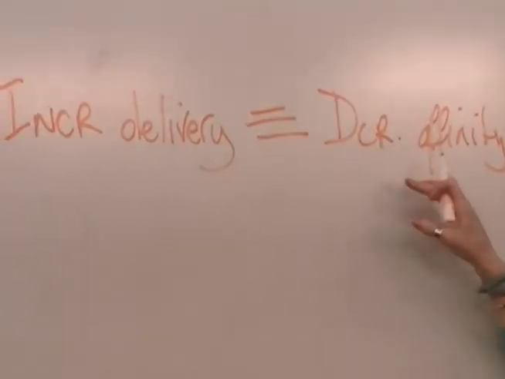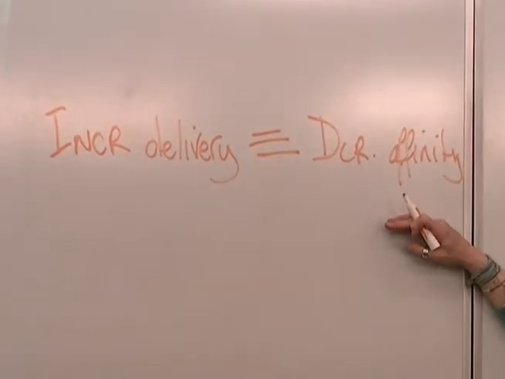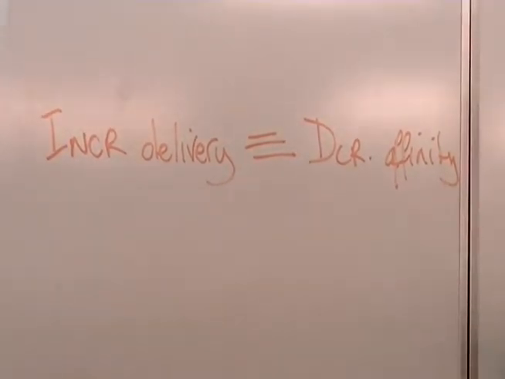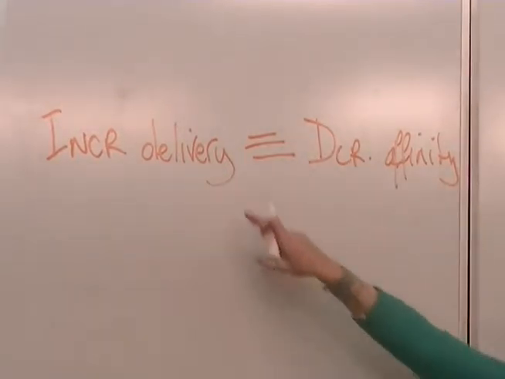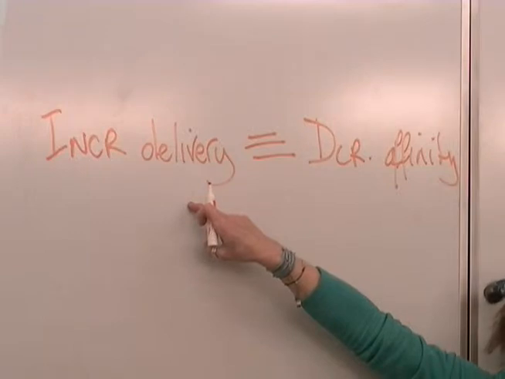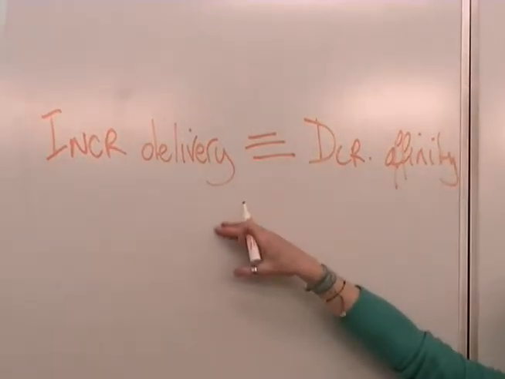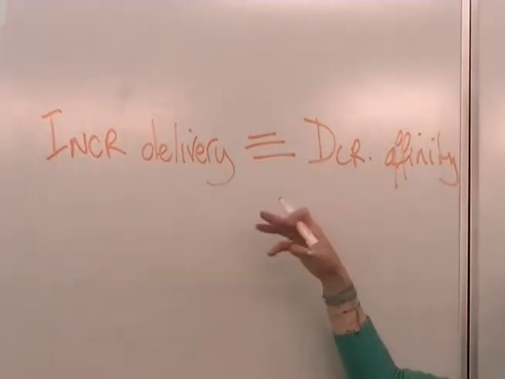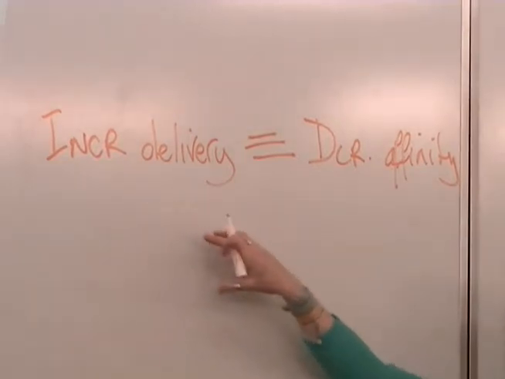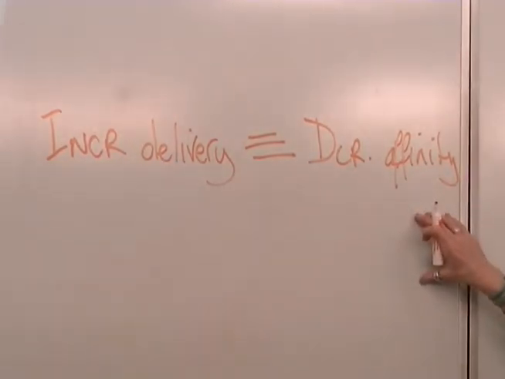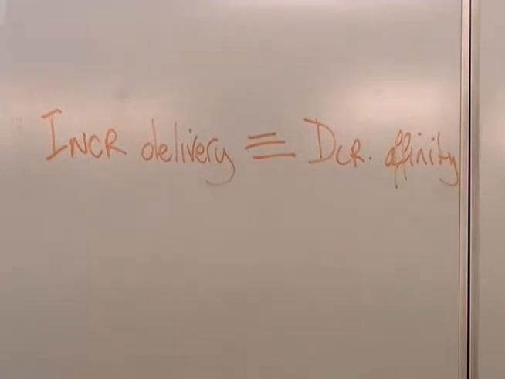Decreased affinity just means that hemoglobin isn't as able to hold on to its oxygen. So it increases delivery because it can't hold on to it anymore. And vice versa, decreased delivery would be increased affinity. Does that help?